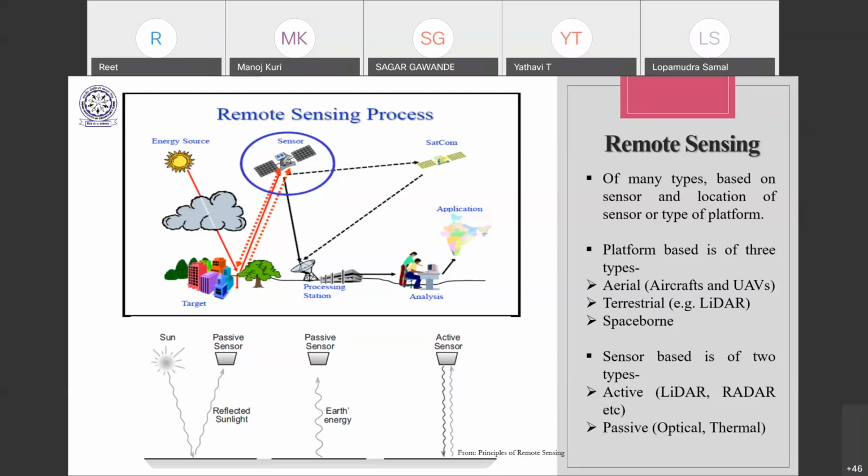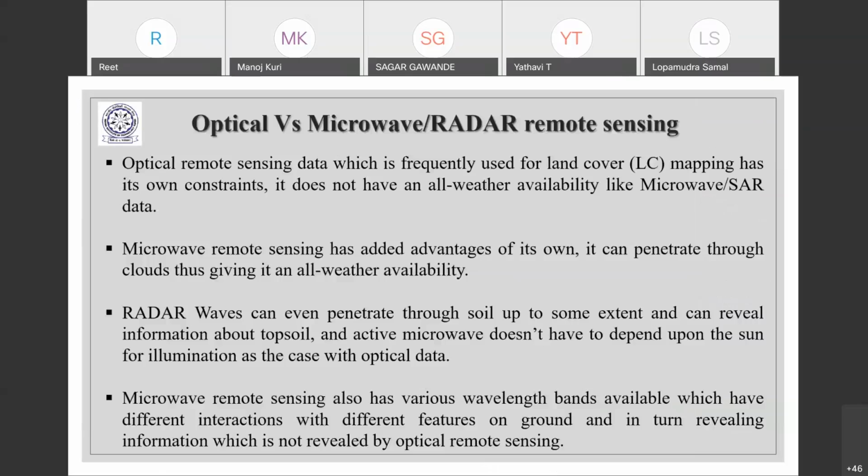Because with cloud, the camera cannot penetrate the cloud and cannot capture the ground surface, but microwave data can pass through the clouds. So microwave data works in any type of weather.